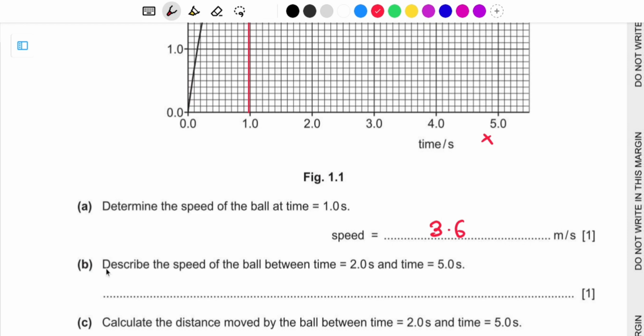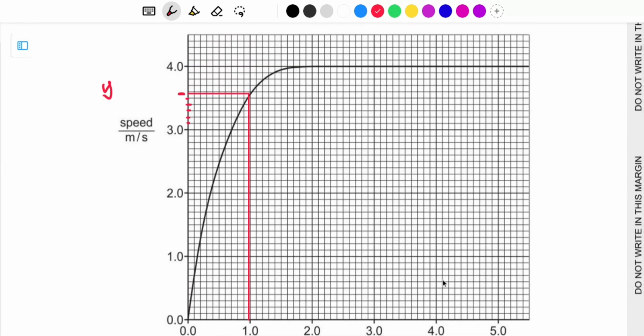Question B. Describe the speed of the ball between time 2 seconds and 5 seconds. So I have to go to 2 seconds first, then 5 seconds is here. If you see the curve, it is straight. And here we are talking about speed.